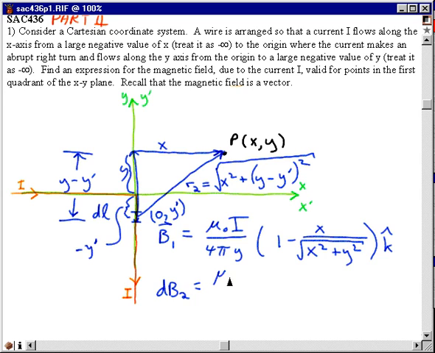Alright, dB2 is mu 0 I, where I is the amount of current in this leg, divided by 4 pi times dl, I think I put a vector sign over there, and we're just writing down the generic expression here. dl crossed into R2, not quite the generic expression because it does involve our specific position vector, but divided by R2 squared.